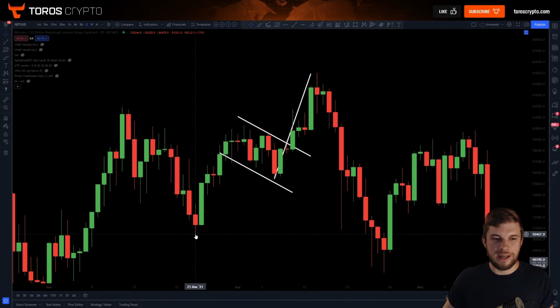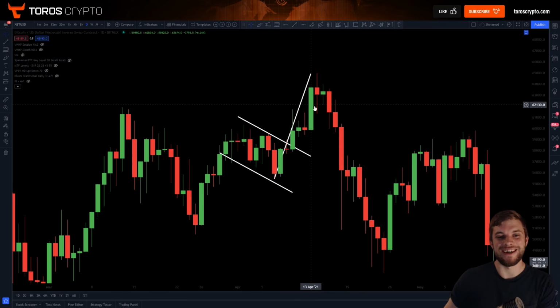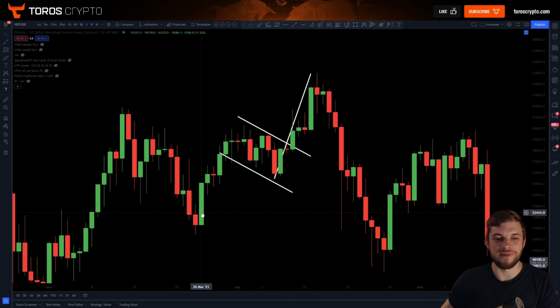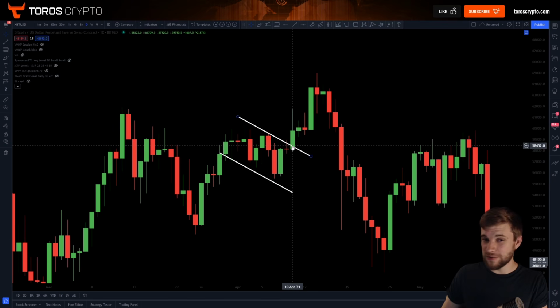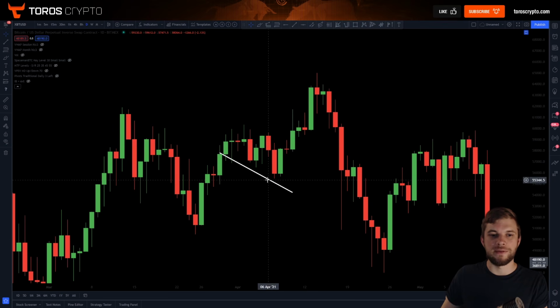So from here, coming up into your consolidation, doing this bull flag, and then you have the move, and look how perfect that actually is on this occasion. We have this really nice move up where the move up is equal on both sides after this consolidation. So that's a really nice example of a bull flag that we did have on the Bitcoin chart.